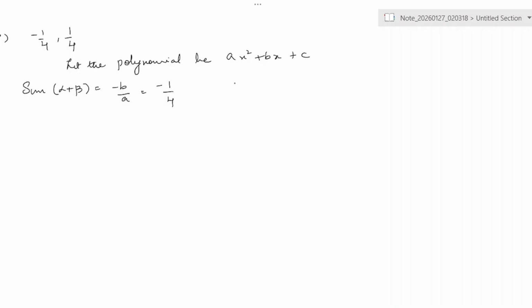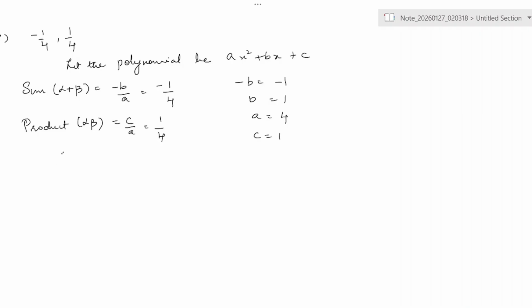Okay, so minus b is equal to minus 1, b is equal to 1, a is equal to 4. Okay, product is alpha beta, that is c by a, is equal to 1 by 4. So c is equal to 1, a is equal to 4, we already have.